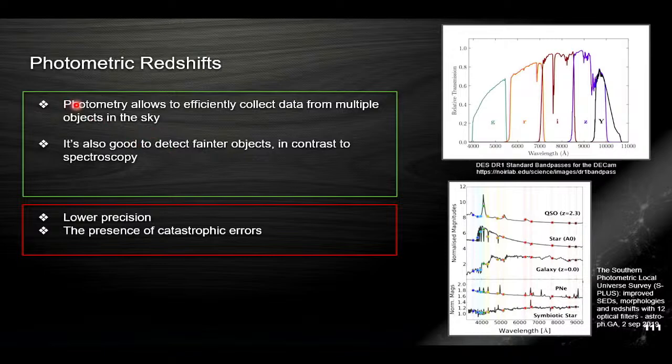Okay, so this shift in the spectra that I'm showing you here, the spectra are shifted. Well, the spectrum is the gold standard to make this estimation. All right, so here's a QSO. This is a star that has no redshift, it's very close by. This is a very close galaxy. This is a QSO, or active galactic nucleus, with redshift 2.3, so very far away, and a planetary nebula.